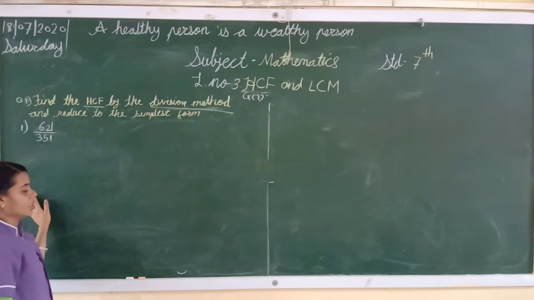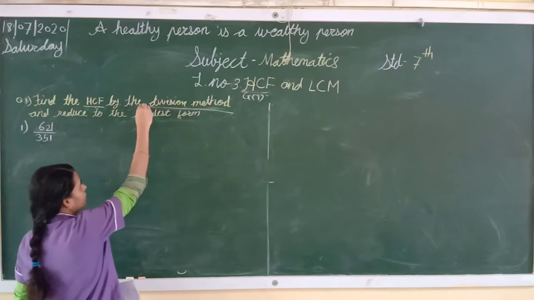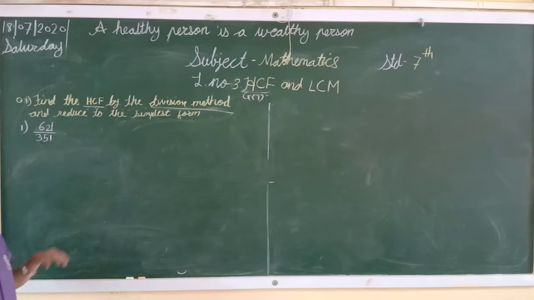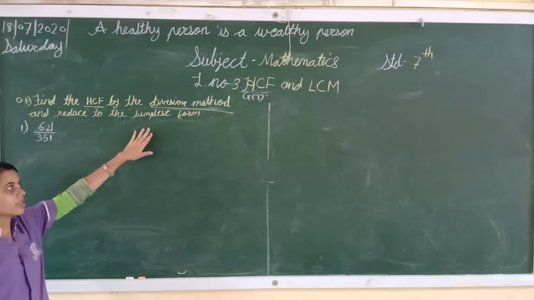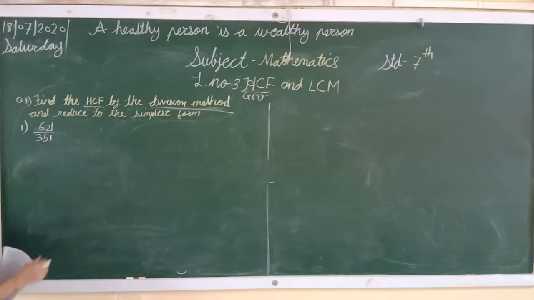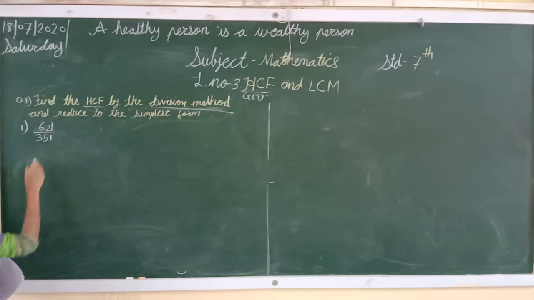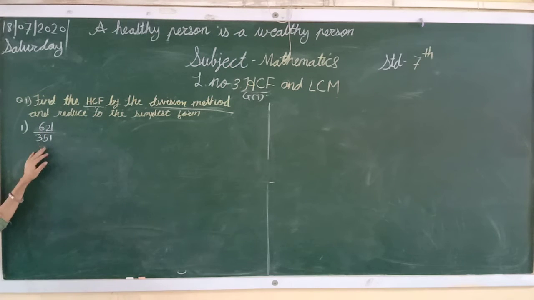Students, it is also a very easy method. We know division, and we will solve it the same way. What is the question? 621 upon 351.